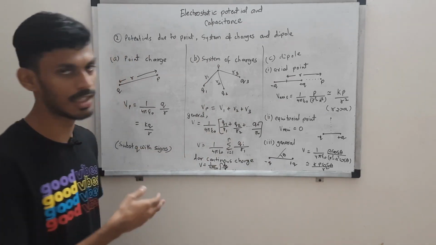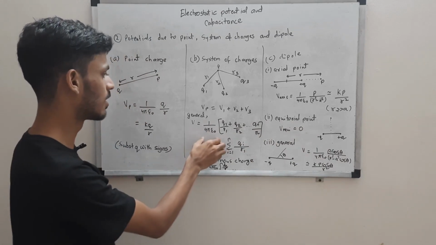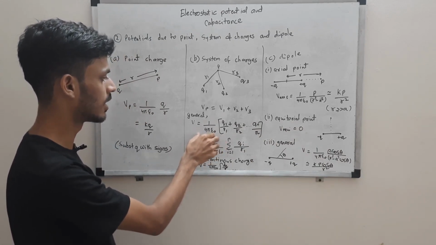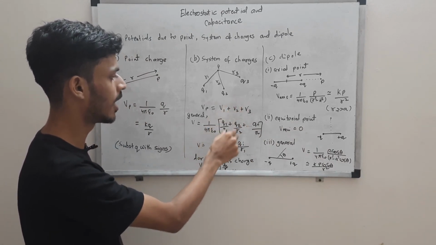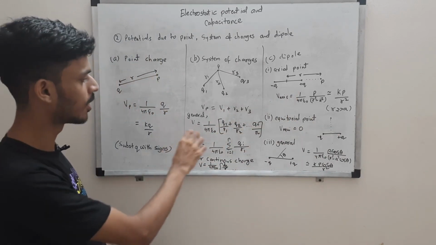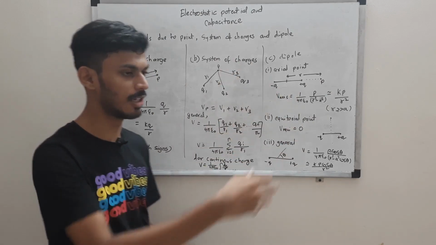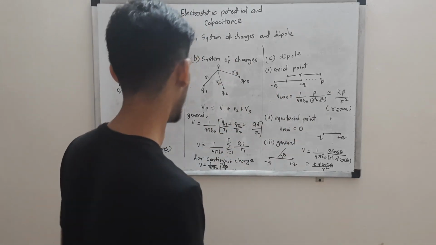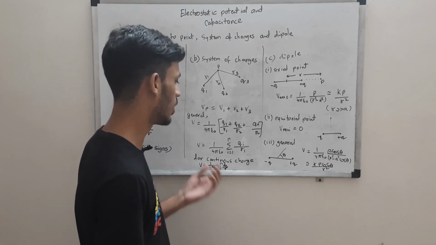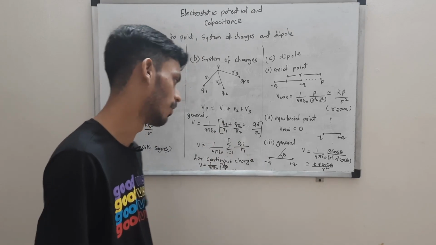For one charge it is kq by r. For the system of charges you just add them: k q1 by r1 plus k q2 by r2 plus k q3 by r3 and so on. The k is taken common, so we have q1 by r1, q2 by r2, q3 by r3, up till qn by rn, or you can write it in summation form, qi by ri.